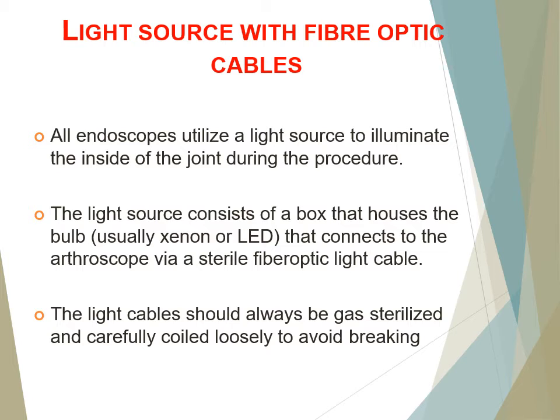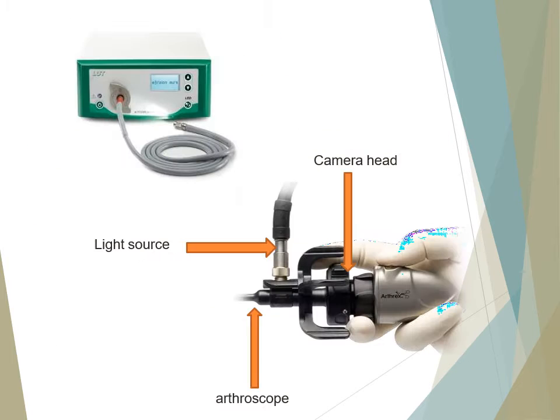Light cables should always be sterilized because, again, with all of this equipment, you really need to ensure that they are sterilized well. You are gaining access into the inner workings of the body, and you are bypassing the defense mechanism.